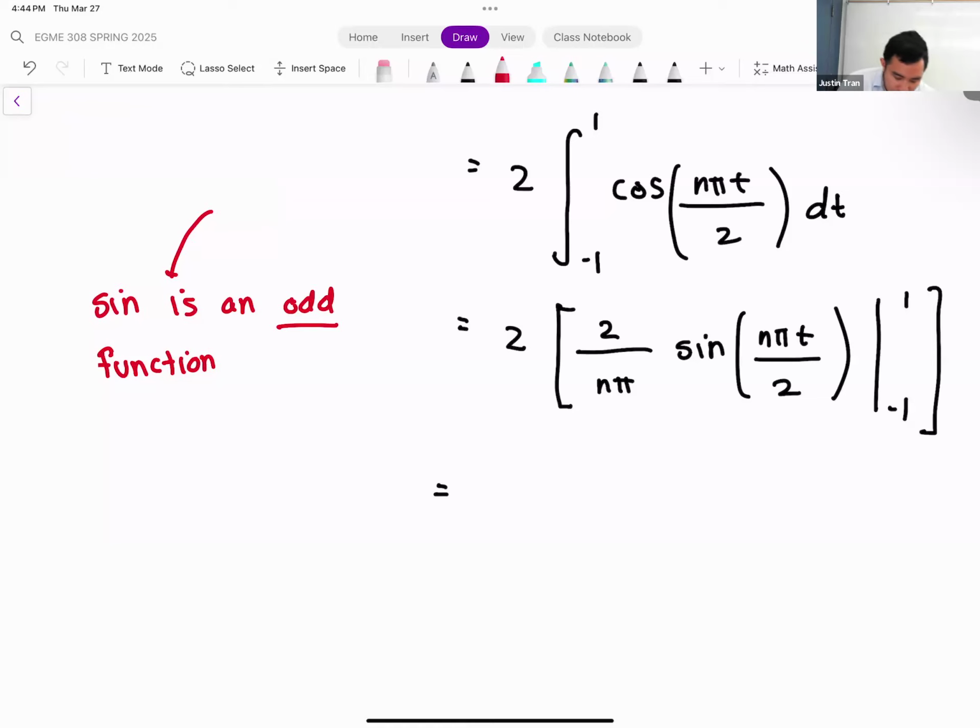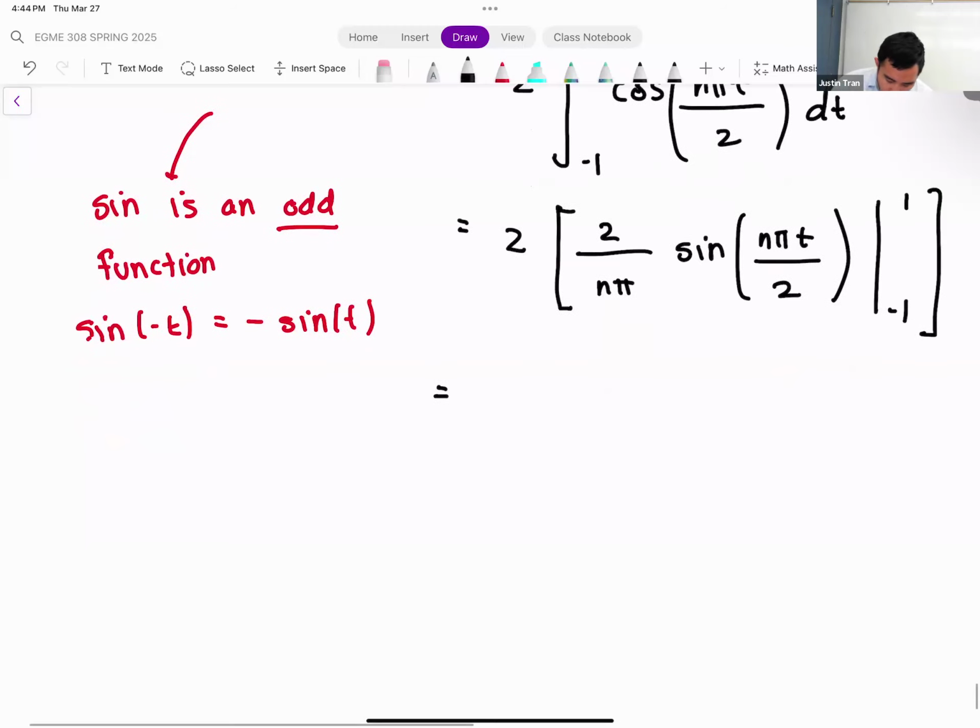So that basically means that if you have sine of minus t, this is equal to minus sine of t. So we can take any negatives that we have in the argument of sine and just take them out to the outside. That's going to be relevant when we plug in the integration bounds here.